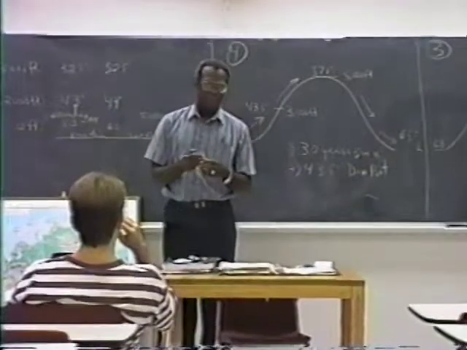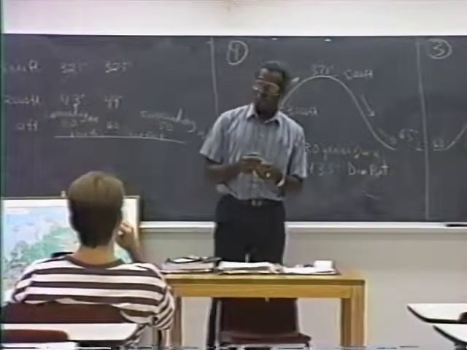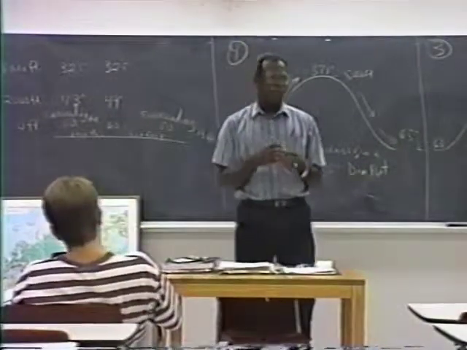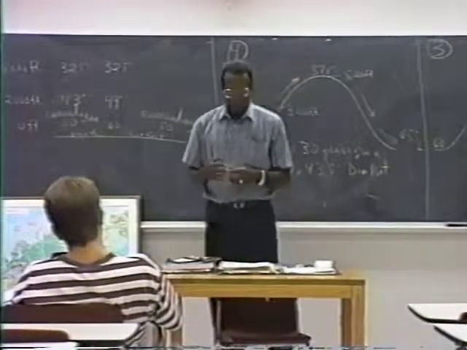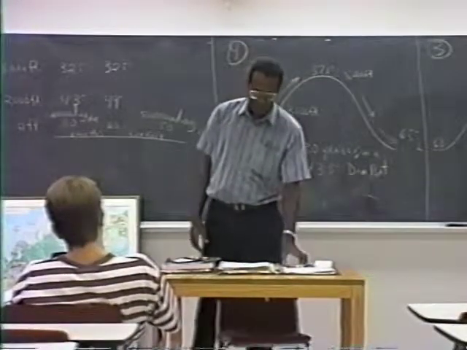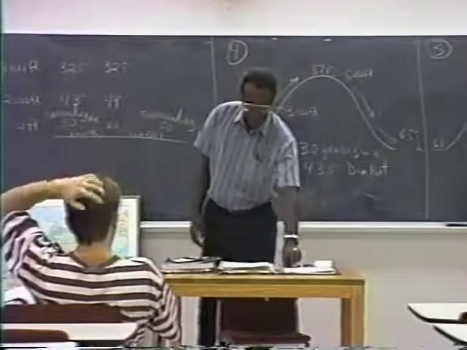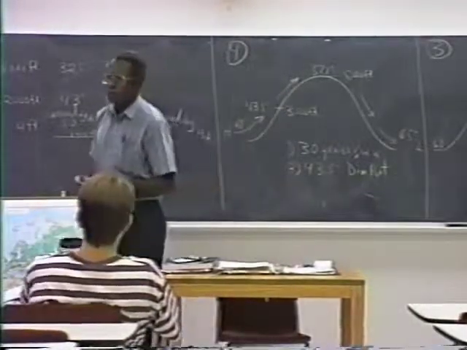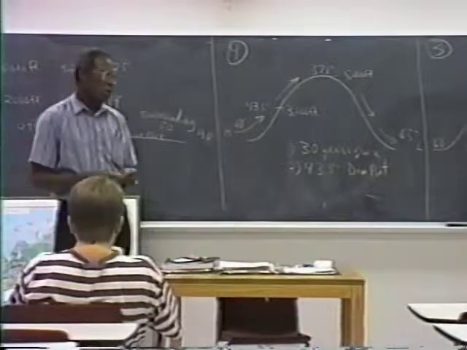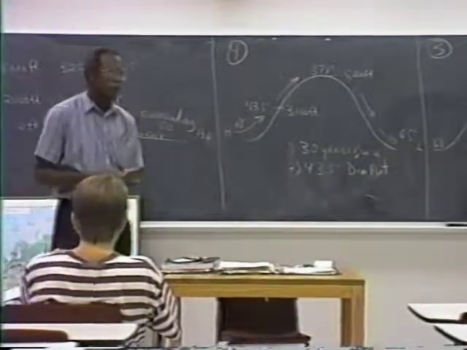Of course, I realized we dealt with moisture a little bit last week, but we're going to deal some more with moisture tonight and try to integrate all these things together. And so we're going to basically follow the approach that I have on the board, going from 1 to 4.